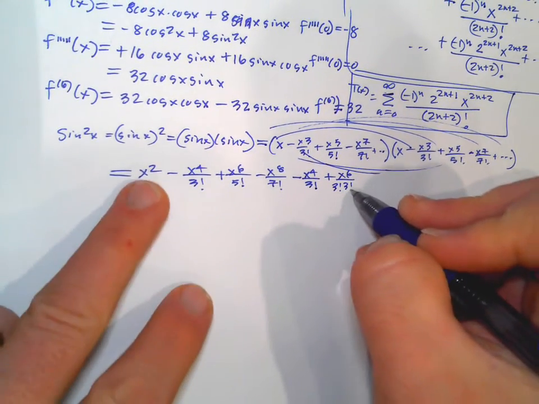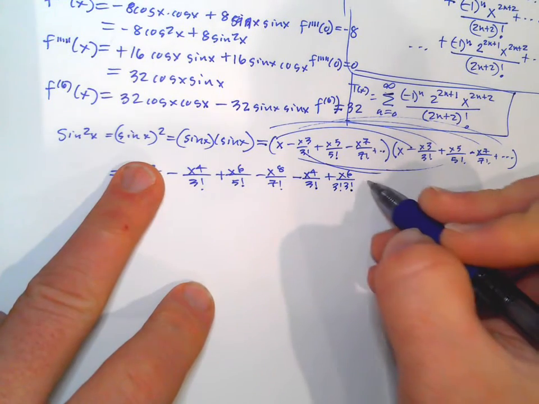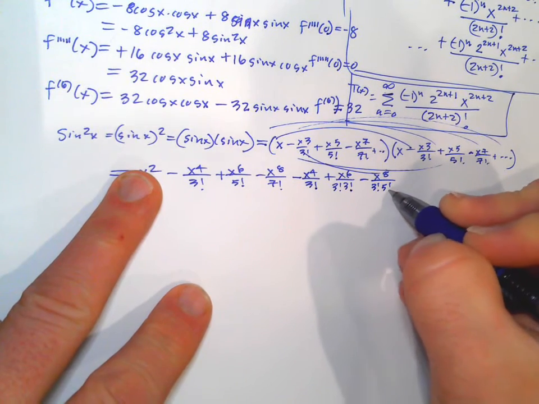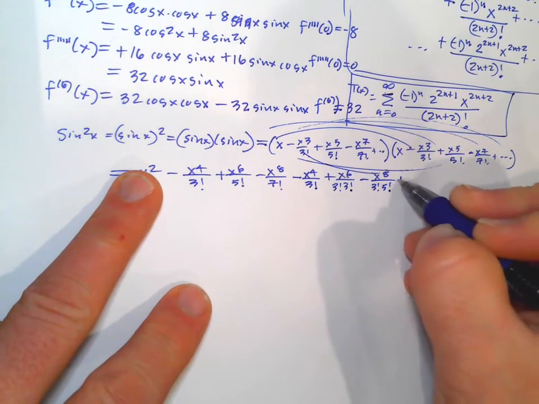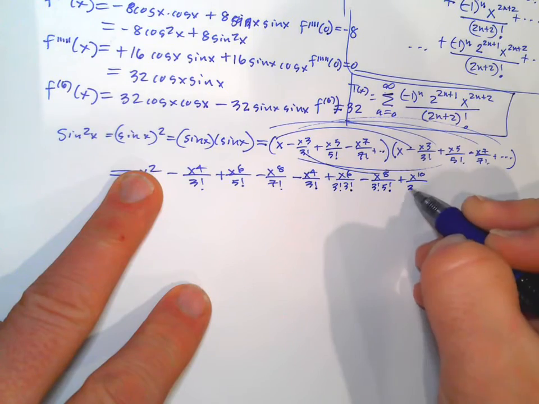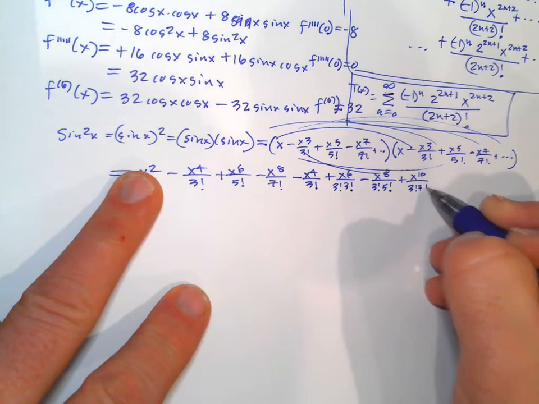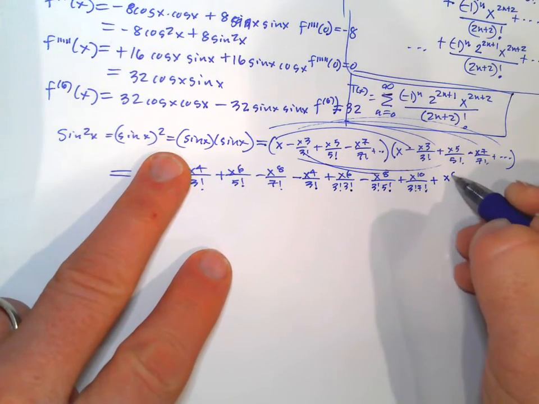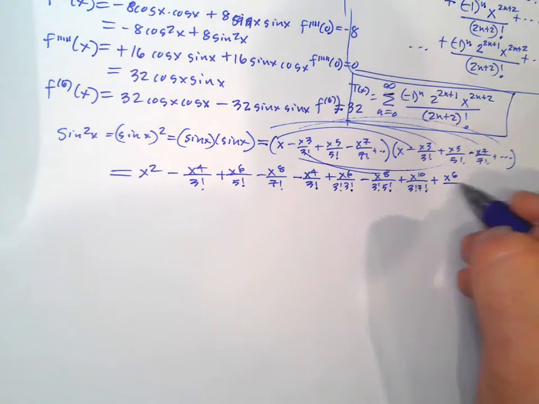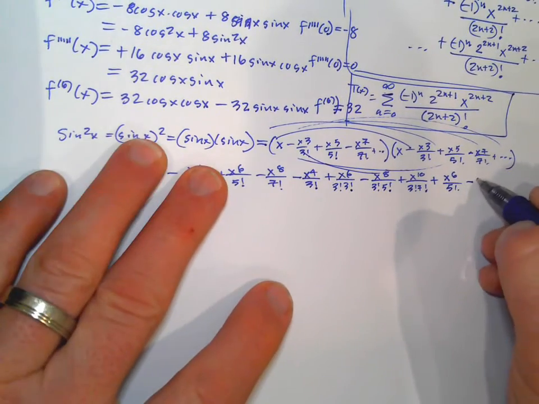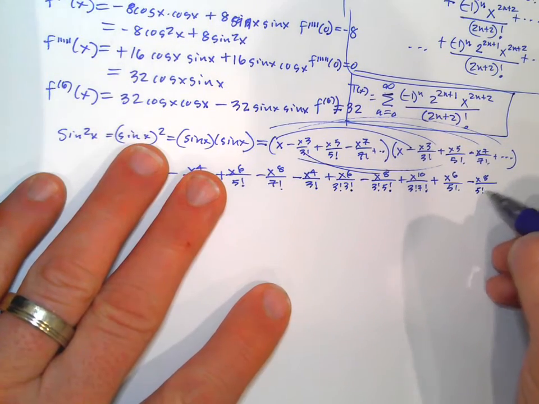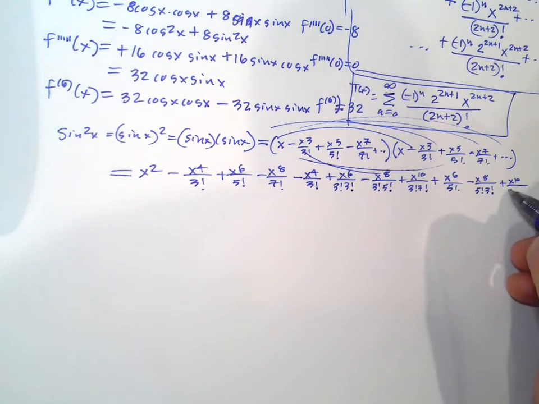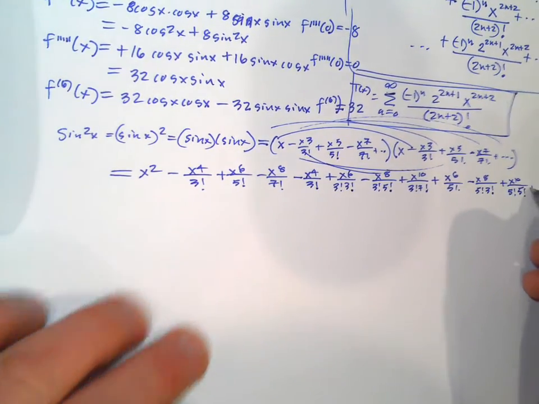I don't know. Minus x to the 8th over 3 factorial times 5 factorial plus x to the 10th over 3 factorial 7 factorial. And then you do this one. I mean, I don't know. This is looking pretty bad. So x to the 6th over 5 factorial minus x to the 8th over 5 factorial 3 factorial plus x to the 10th over 5 factorial 5 factorial. And so this keeps going now.